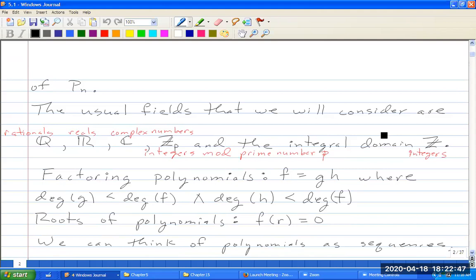The usual fields that we'll be considering throughout this chapter are the rationals, the reals, the complex numbers, z sub p, which are integers modulo some prime number p. We'll also sometimes be just looking at integral domains, the integers.